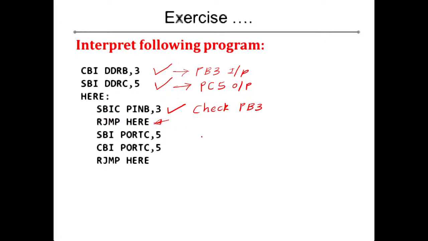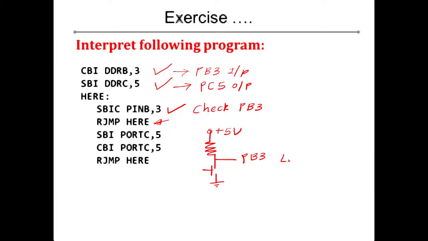So for example, let's say that we have a circuit like this. We have a resistor in this way, and a push button switch in this way. On this side, let's say +5 is connected, and this point is connected to our PB3 pin. Whenever I press this push button switch, ground will be extended and this will become logic 0.